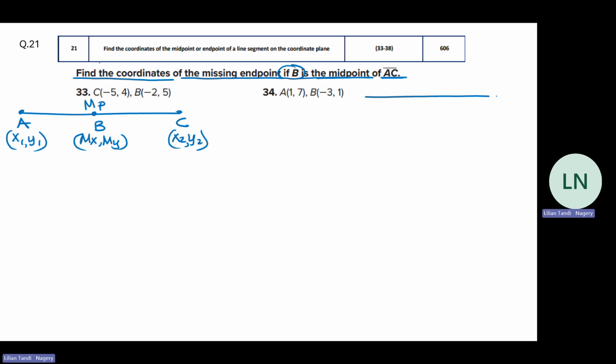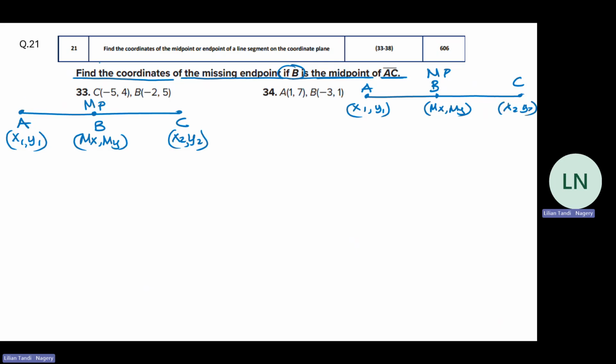So I will draw this picture again. This is A, this is B, this is C, this is the midpoint, this is mx, my. This is x1, y1. This is x2, y2.